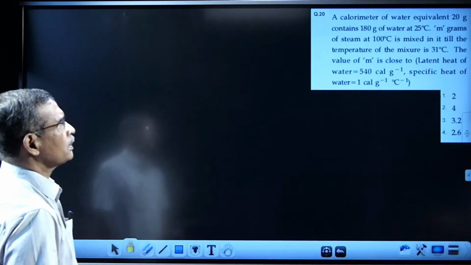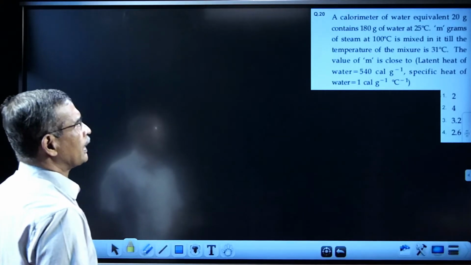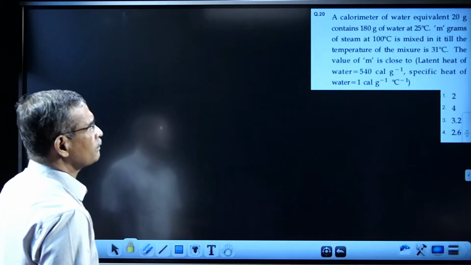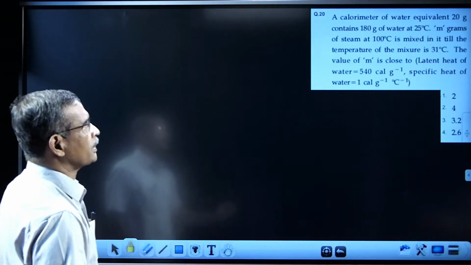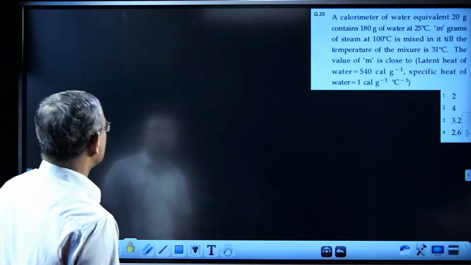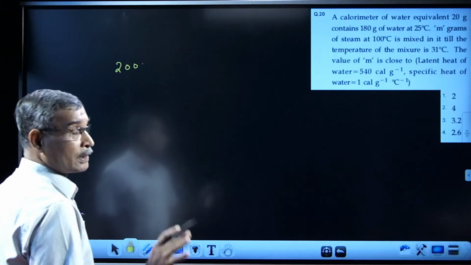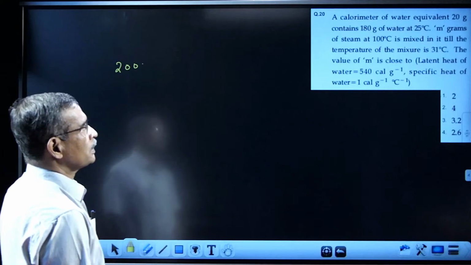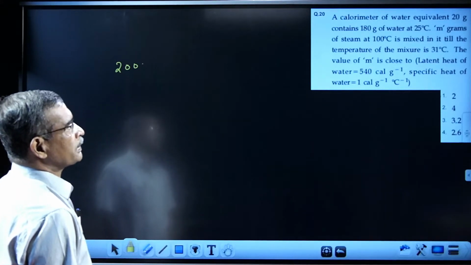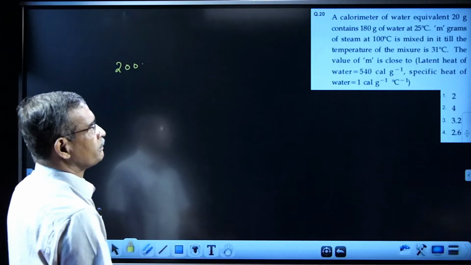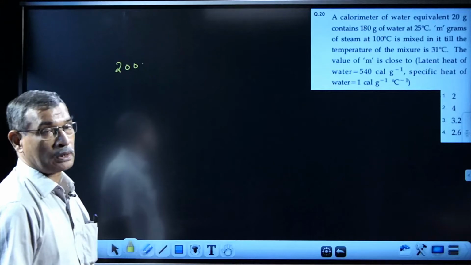The calorimeter water equivalent is 20 and 180 gram of water together, so the total mass of calorimeter and content is 200 gram. It is now at 25 degrees centigrade, mixed with m gram of steam at 100 degrees, so the temperature of the mixture becomes 31.